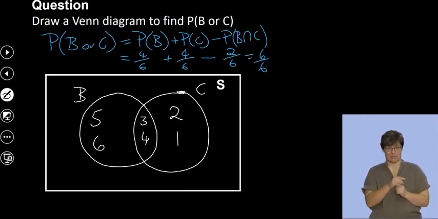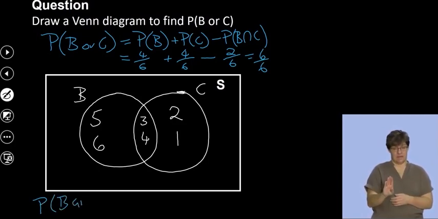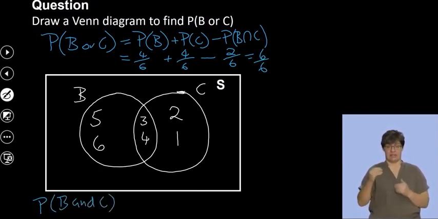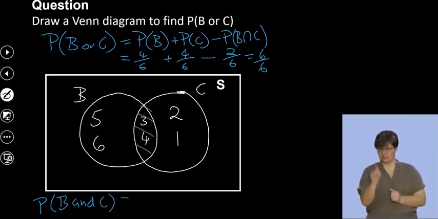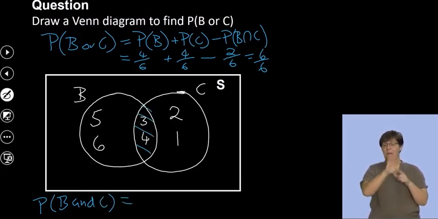We recognize where the sets are, and we want to make sure that we're going to calculate the probability of B and C. Now, what's the probability of B and C? Well, it's this here. We calculated it over here. It's 2 out of 6, which is 1/3.